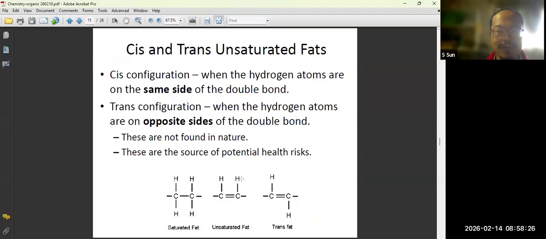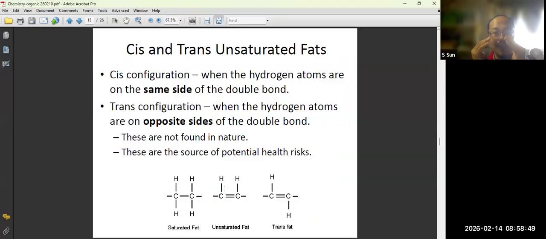If a fatty acid has a double bond, the two hydrogens can be located on the same side or the opposite side. Naturally, they are on the same side, and that's why they kink. But humans can modify it to put the two hydrogens on opposite sides.